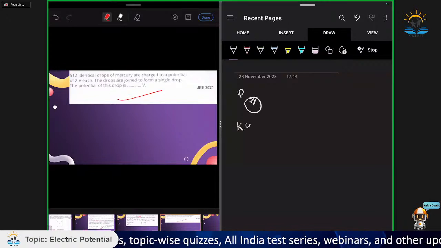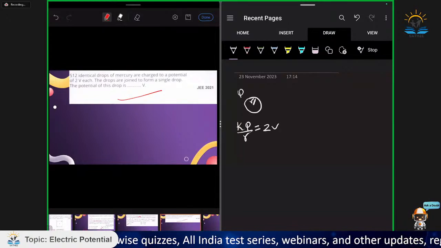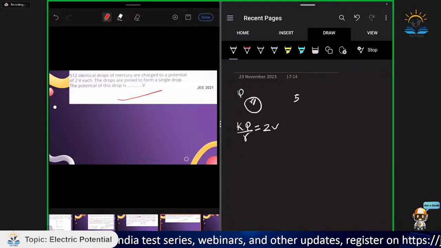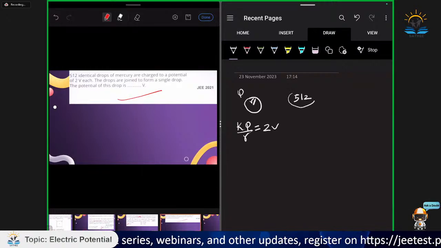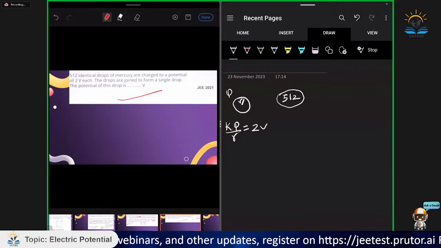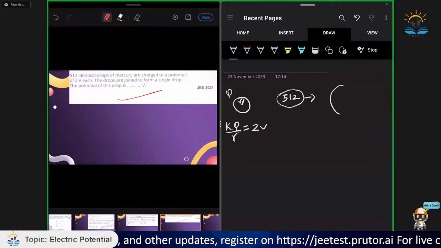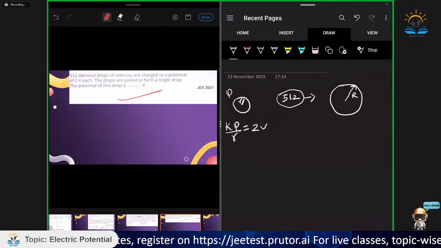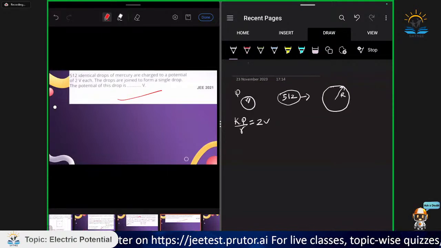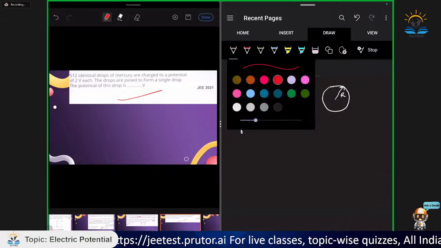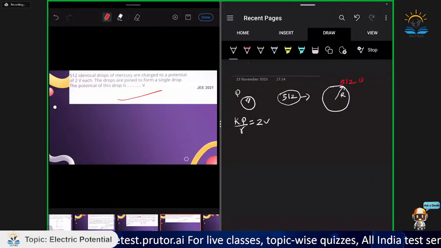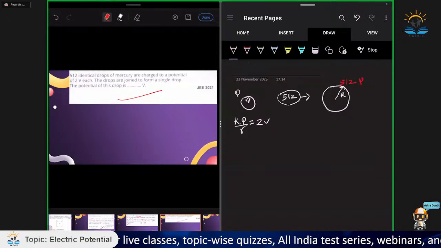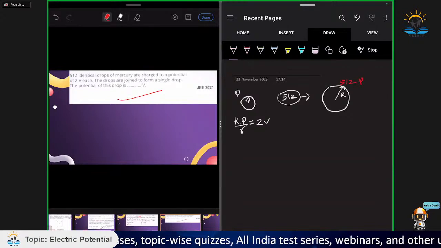It's given that KQ by r is 2 volt. 512 such small drops are joined to form a single big drop, with radius capital R. By conservation of charge, the charge of the big drop will be 512q, since there are 512 small drops.